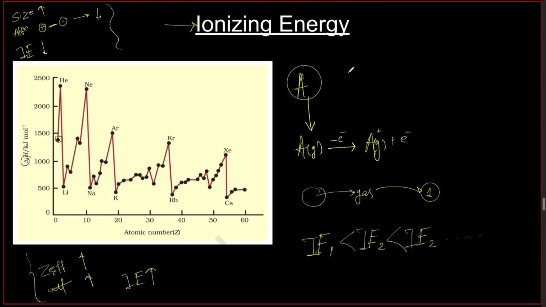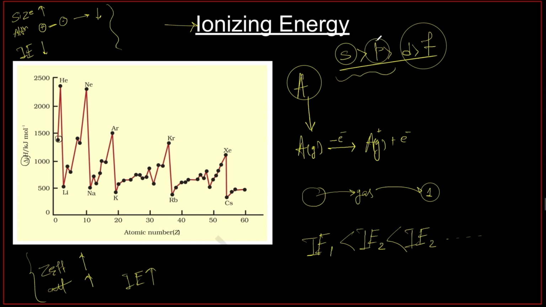Now, can you speculate the ionization energy trend among the S, P, D, and F groups? Because F and D are poor shielders, while S and P are good shielders, taking an electron from S is much tougher than from P, and D and F are just okay.